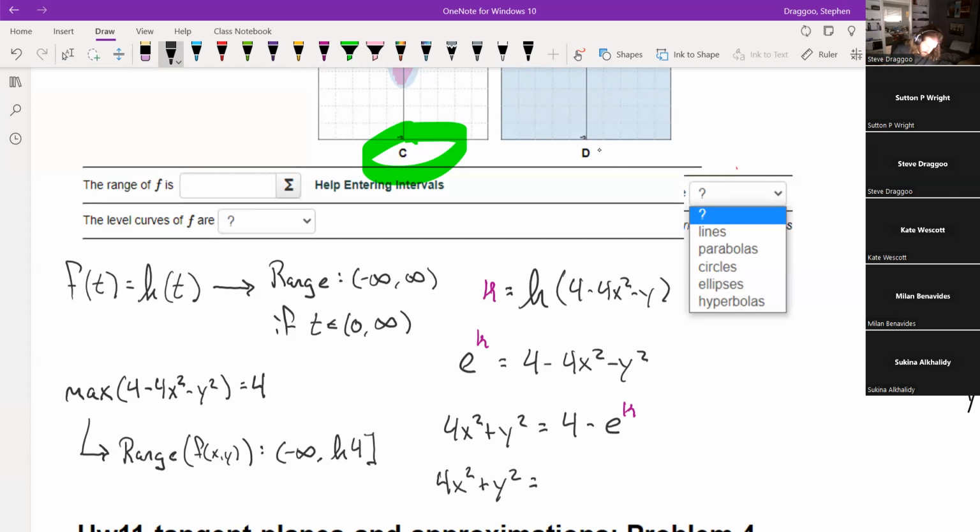So even though it kind of looks ugly to begin with, this is really just 4x squared plus y squared equals some constant number, maybe a different k, which is the equation of an ellipse. Even though it's got that exponential part to it, the exponential part is in the constant value for these level curves, so it doesn't really impact what a single level curve looks like. The shape of each of these level curves is an ellipse. And we know that from right here. Let's highlight the parts that I know that's coming from.